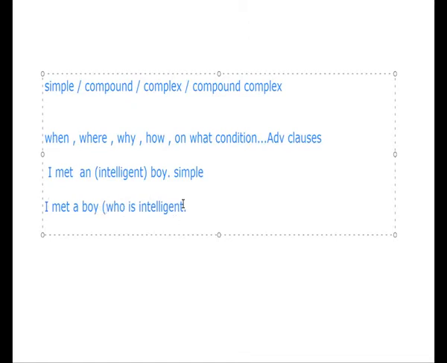Who is intelligent is a secondary sentence. And this is called an adjective clause because I have a group of words with a verb. So this is the way I change the simple into a complex adjective clause.